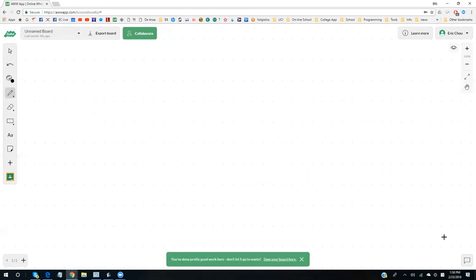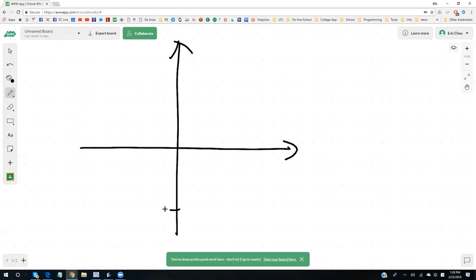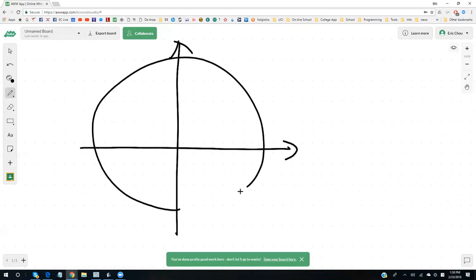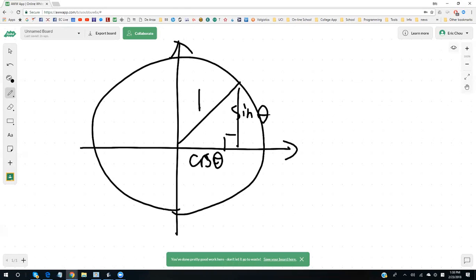Okay, now I have this circle, right? I have a circle. This one is 1, right? And then here is cosine theta. Because r is 1 right now, this one is cosine theta, right?